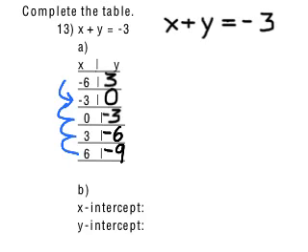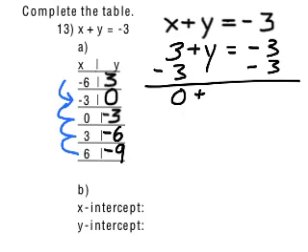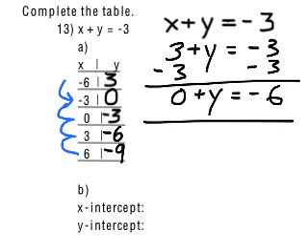Okay, so we'll stick in the 3 for our x. 3 plus y equals negative 3. Add negative 3, get that alone. Negative 3 to both sides. It becomes 0 plus y equals negative 6. See, so it's right. So stand to reason that the next one would be right too.